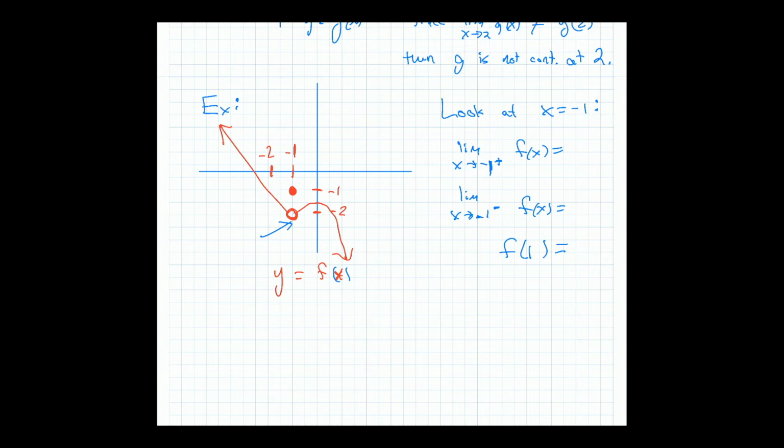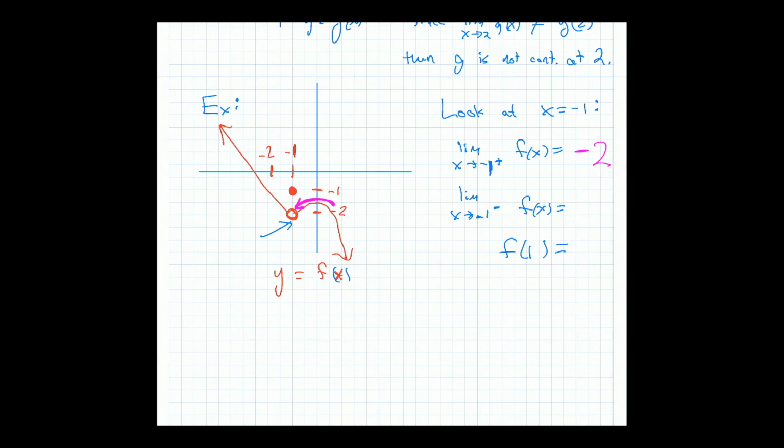So let's do it. Limit as x approaches -1 from the right. That would be tracing the curve on this side, right? So you trace the curve this way, and you should end up down at that point where that empty circle is. So where is that point? That looks like a y value of -2. So that's -2.